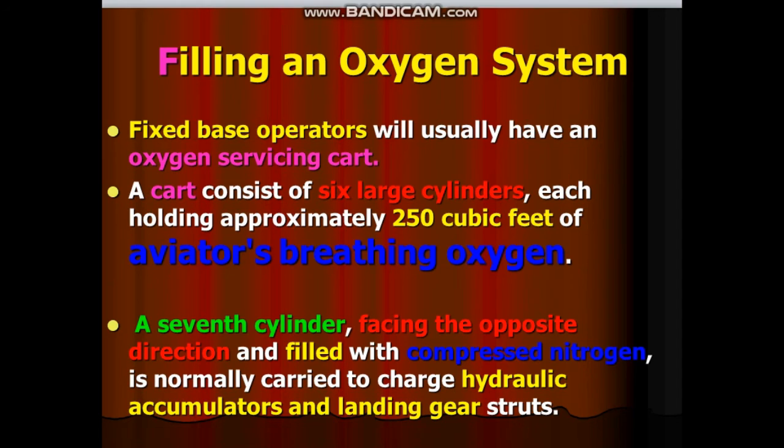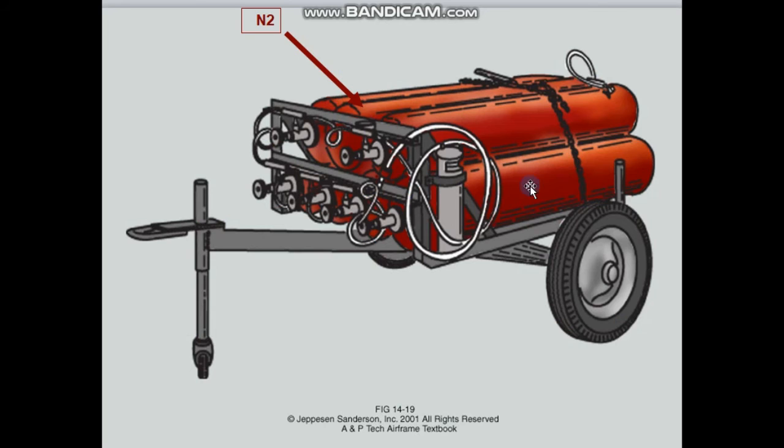A seventh cylinder, facing the opposite direction and filled with compressed nitrogen, is normally carried to charge hydraulic accumulators and landing gear struts, as we see in this figure. These are the bottles of oxygen, and here in the opposite direction, of course you all know, is the nitrogen.